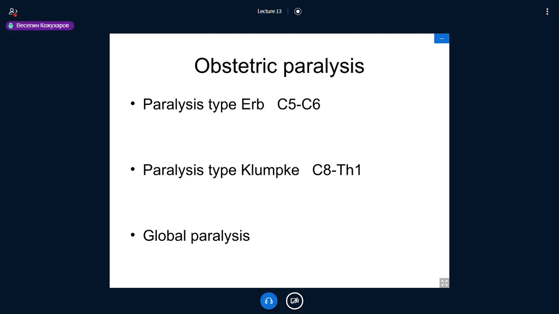The Klumpke type affects the lower part of the brachial plexus, and it usually has involvement of the biceps and also forearm muscles.